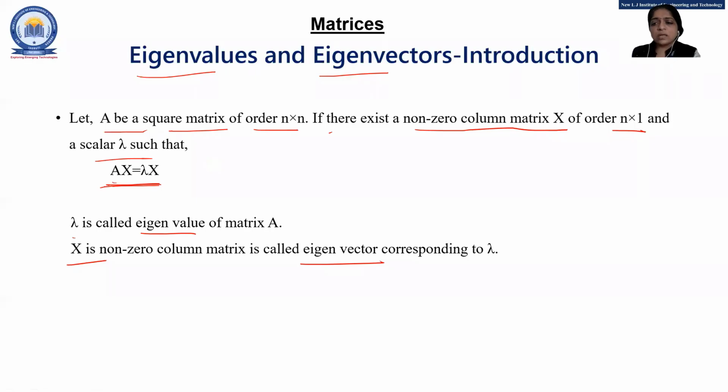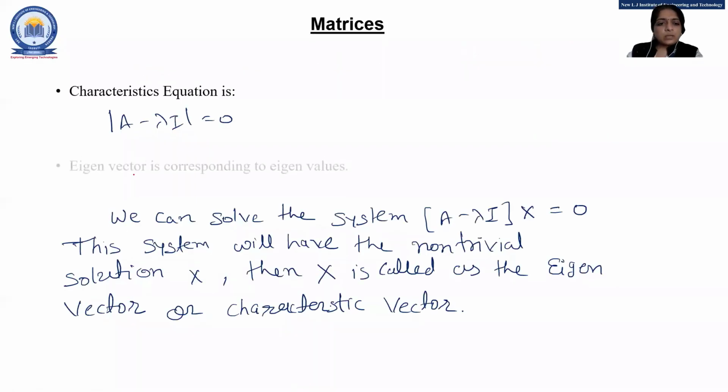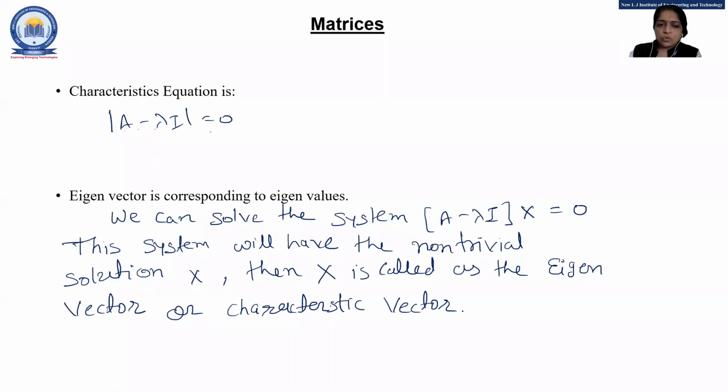This is the definition. Now, the characteristic equation for finding eigenvalue is determinant of A minus lambda I equal to 0.